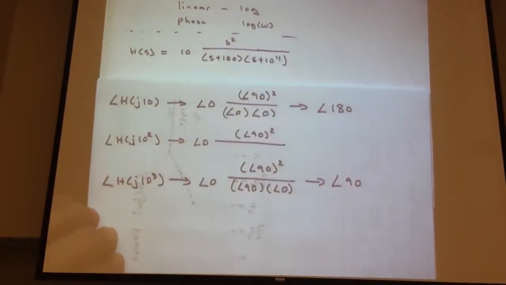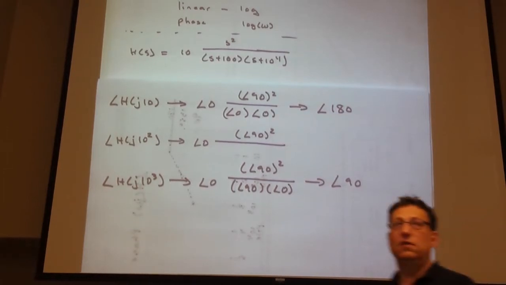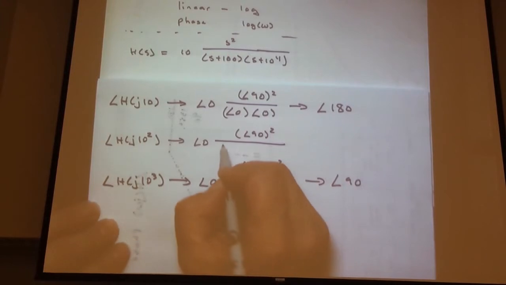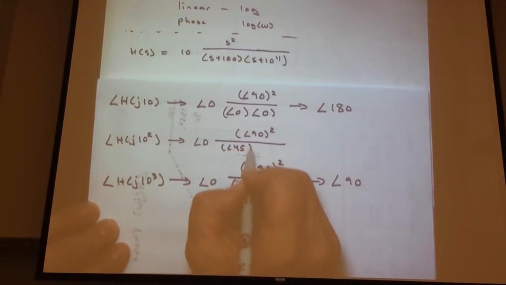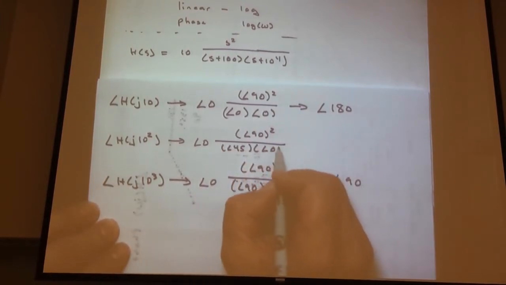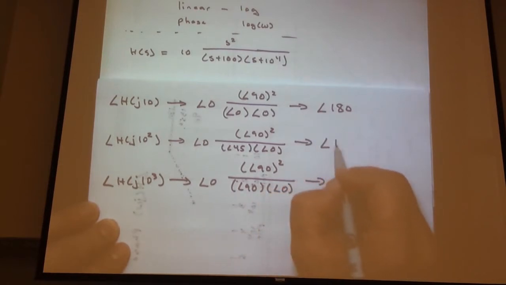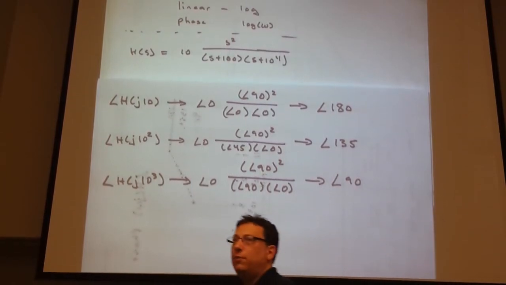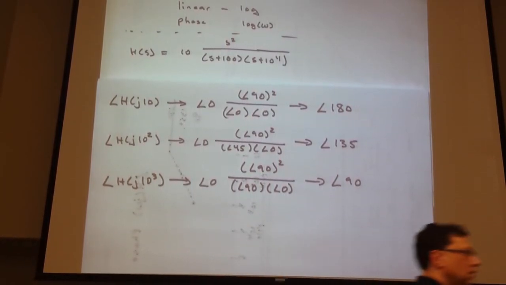Well, j100 plus 100, this is one you should know by inspection. What's that angle? 45. So that's angle 45. And angle 0 again, giving us angle 135. So at the pole, we have a reasonably accurate approximation of the angle.